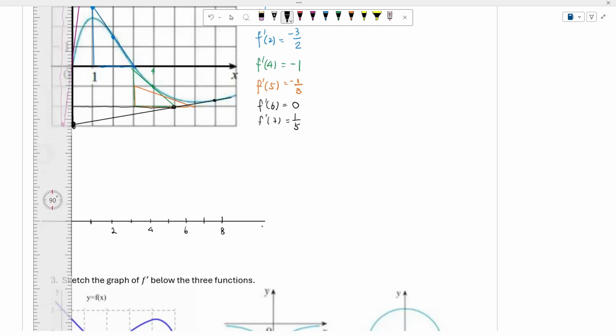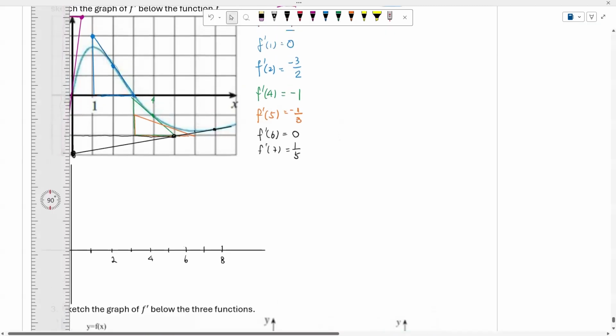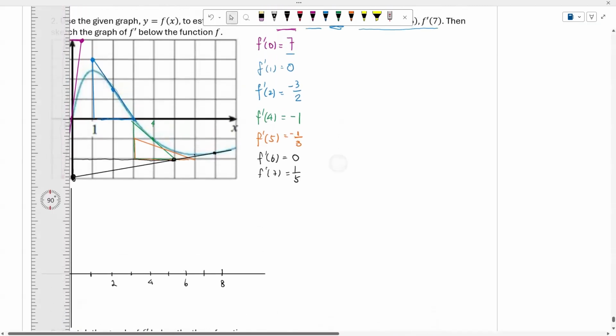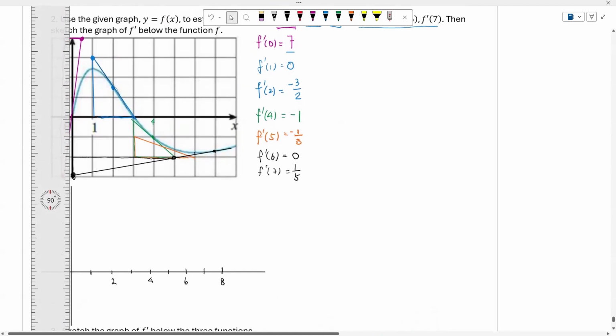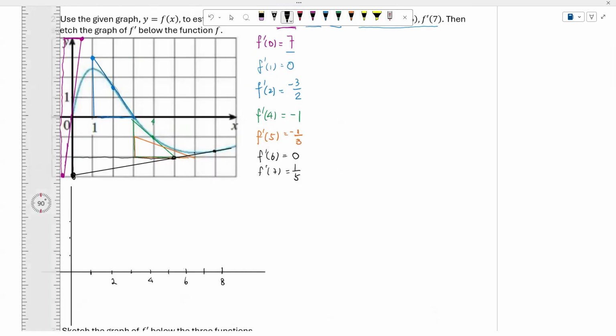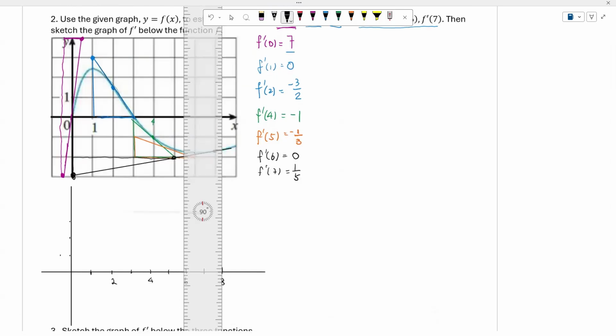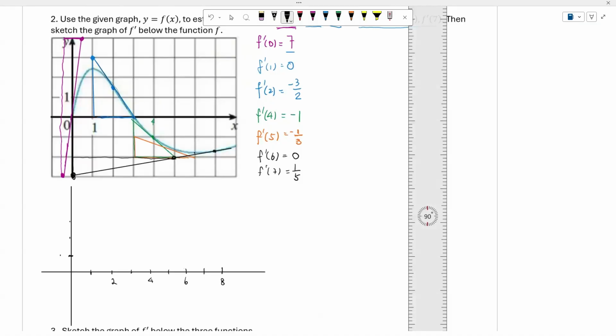Then the highest number is about 7. 2, 4, 6.